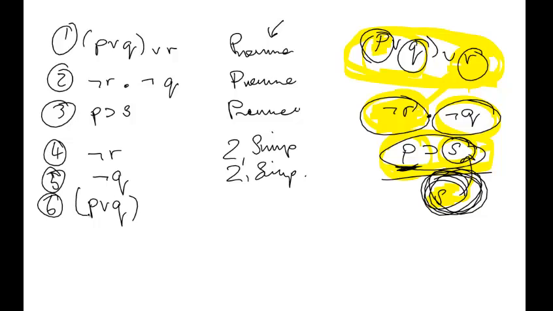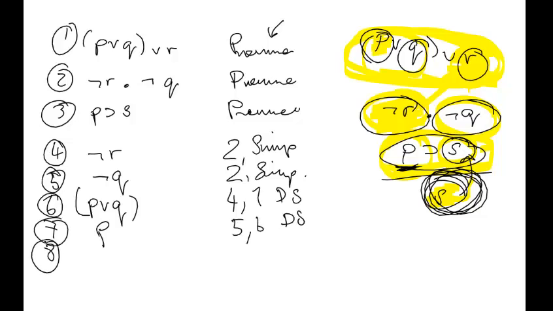Well, I got that using lines 4 and 1, disjunctive syllogism. Line 7, I've got the P or Q, I've got the not Q, therefore P, by lines 5 and 6, also disjunctive syllogism. Line 8, I've got S from lines 3 and 7, modus ponens, and S is what I was trying to conclude, so I successfully achieved that.